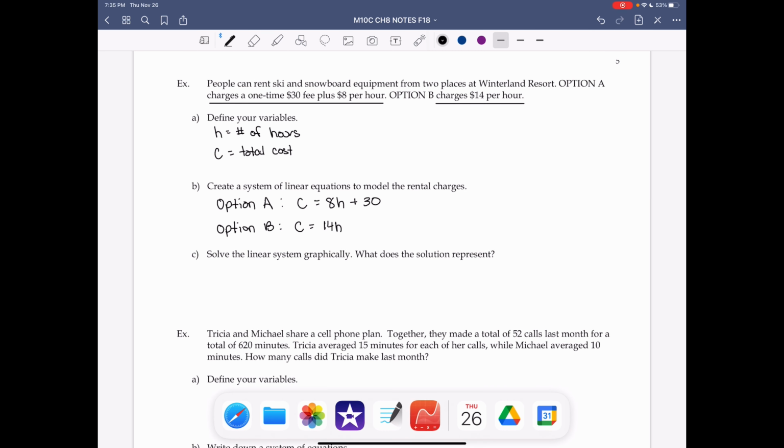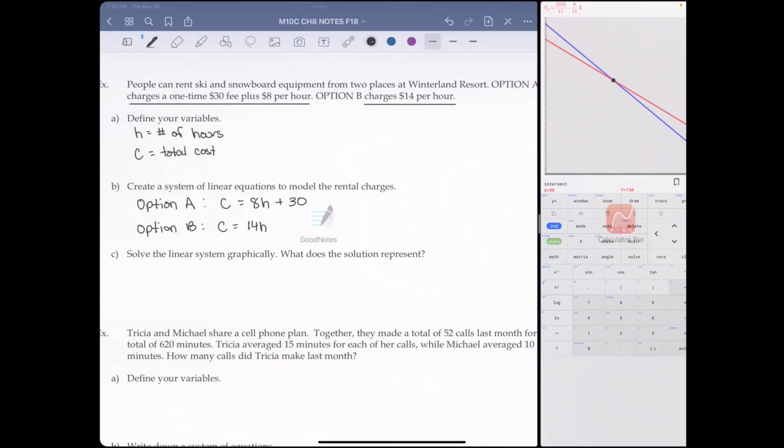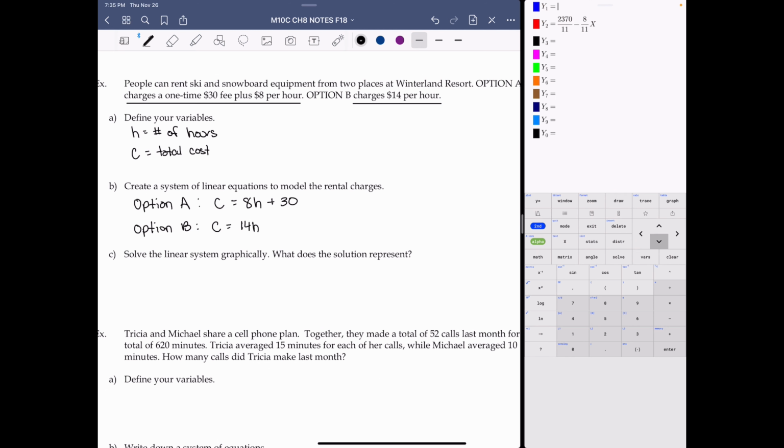So go to your graphing calculator, go to y equals, clear your previous graphs, enter the new one, 8x plus 30. Enter, the second one is 14x. Graph or draw.